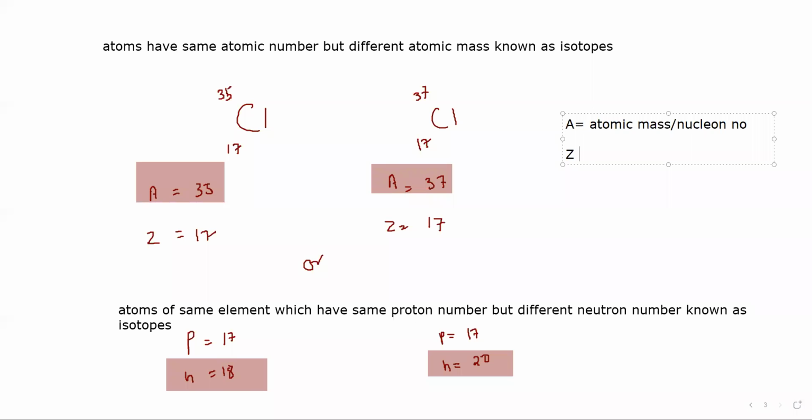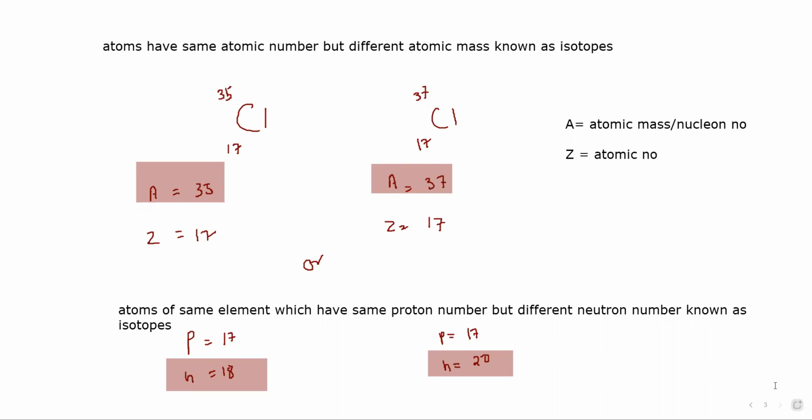So if they have the same atomic number but different atomic mass, or the same number of protons but different number of neutrons, we call them isotopes.